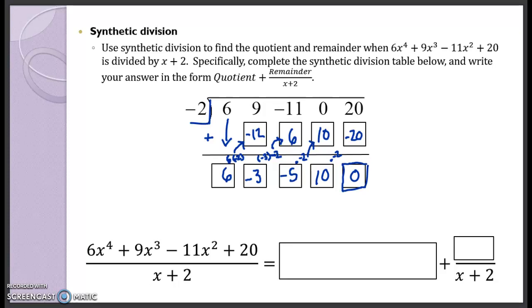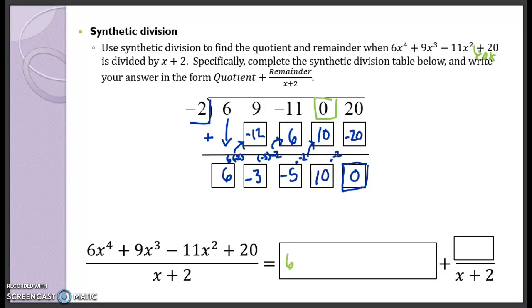Now where did this 0 come from here? Because I don't see a 0, but remember when we're dividing, if we don't have a term, we need to make sure we include a space for the term. So what is our big polynomial divided by x plus 2?